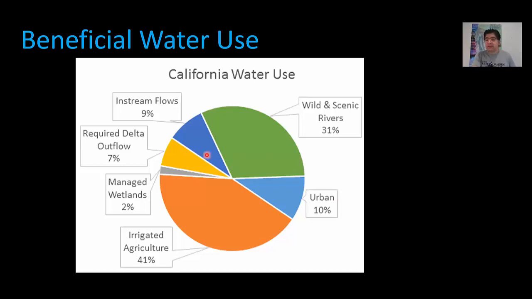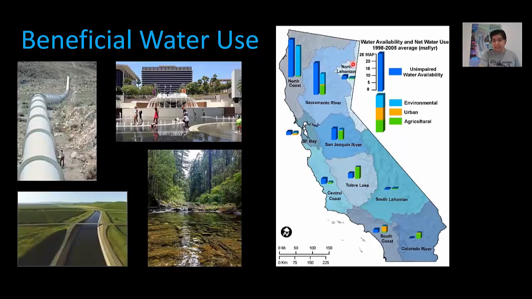This is a very misleading graph. A lot of the times you're going to see people saying, well, why all the buzz for the environment? 40%, half of the water in the state goes for the environment. Well, this is a graph that actually tells you the amount of water available. So this is this darker blue column.